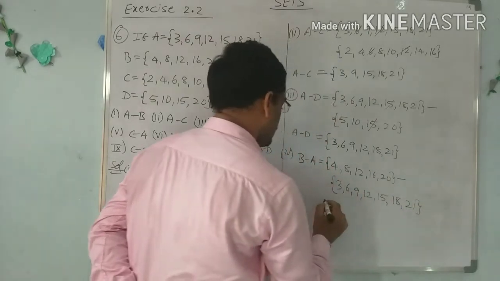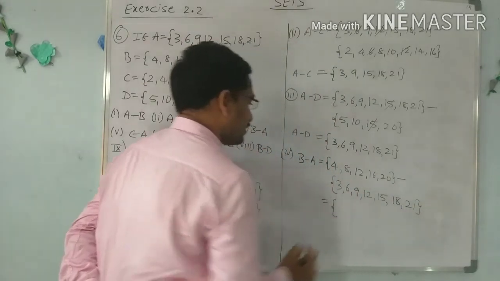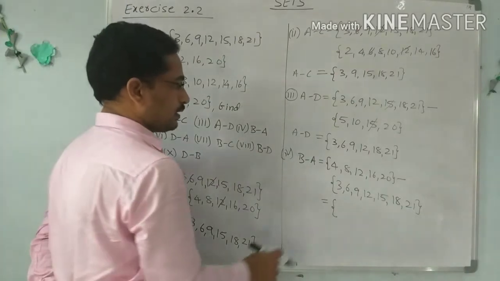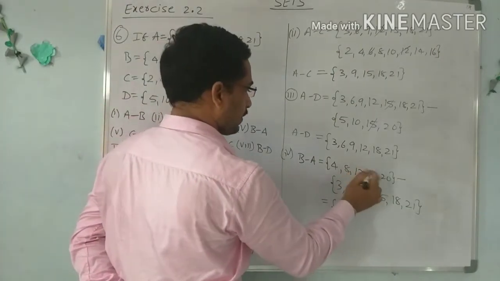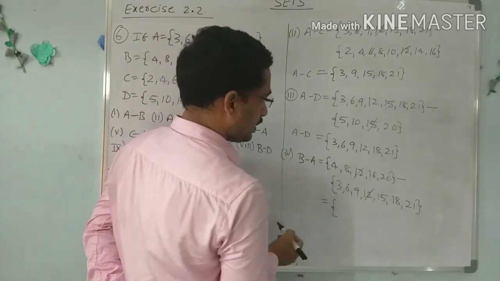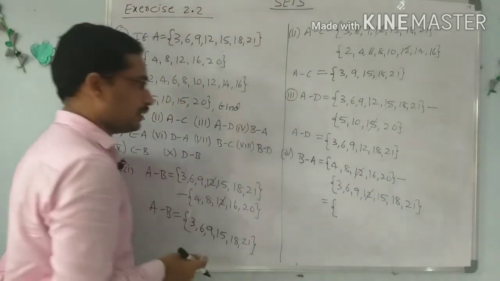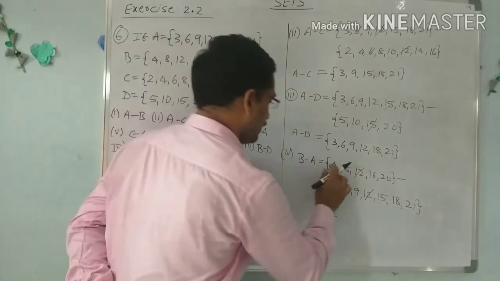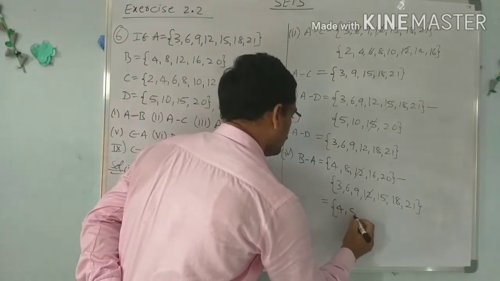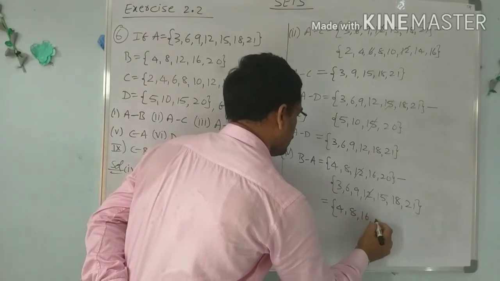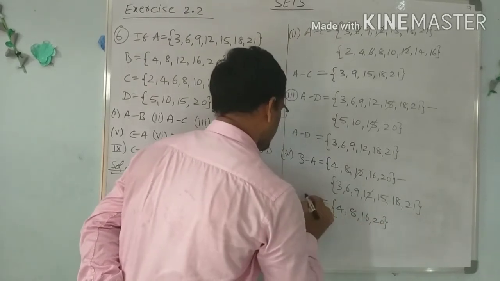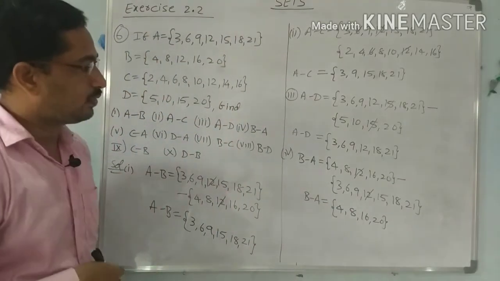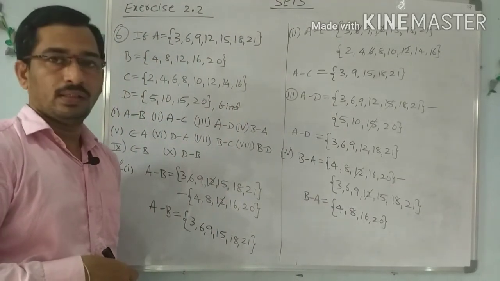Now these are the elements of A. B minus A means we do the same. First cancel the common elements. What are the common elements? 12 is the common element, so only one element is common. Now write the remaining elements of set B: 4, 8, 16 and 20. So this is B minus A, which contains the elements 4, 8, 16, 20.